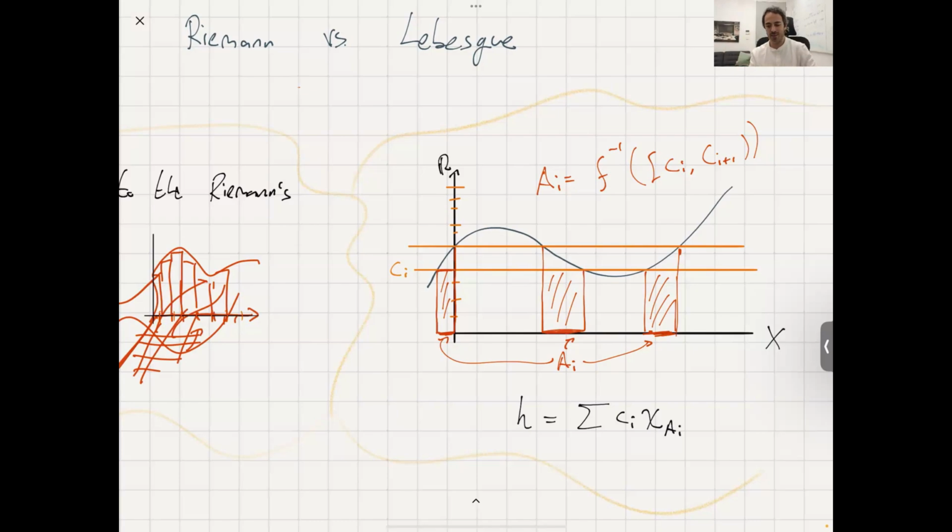So at the most abstract setting, in our case, x is not a metric space. You're not going to do these small absolute values and so forth. It's an abstract space, a measurable space.